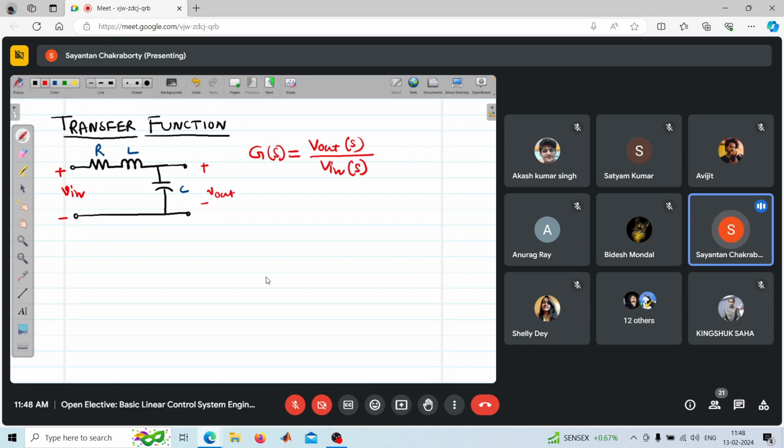Now, how should we approach the equation? First, let us write down the differential equation of the system, that is the KVL.